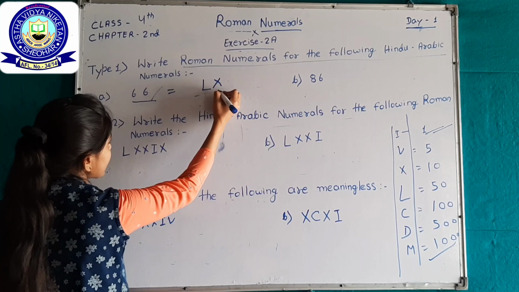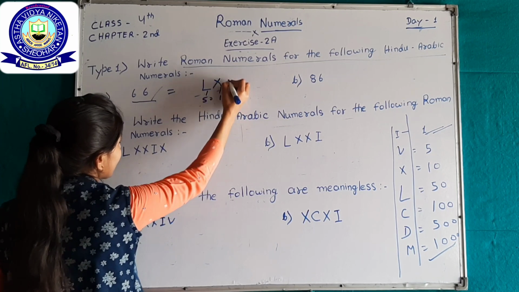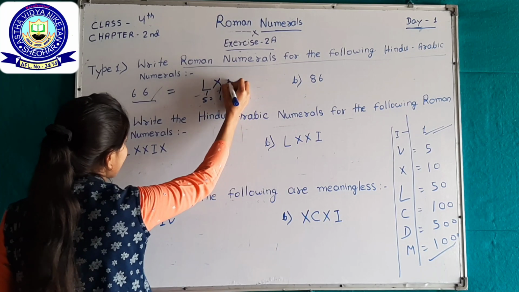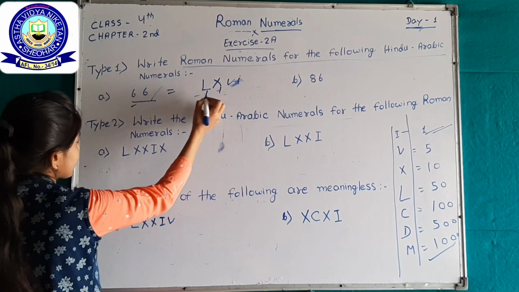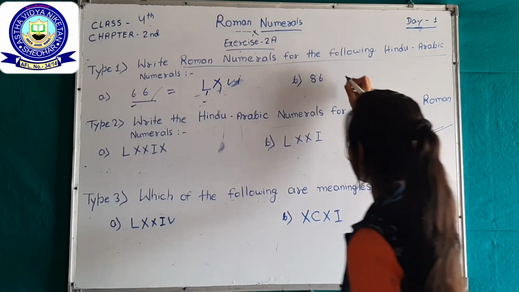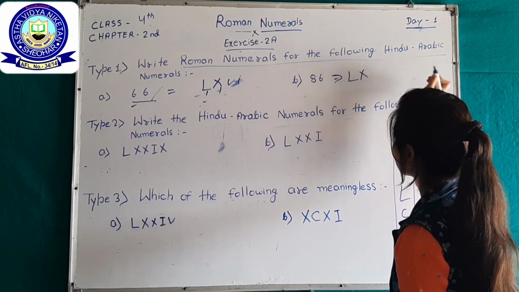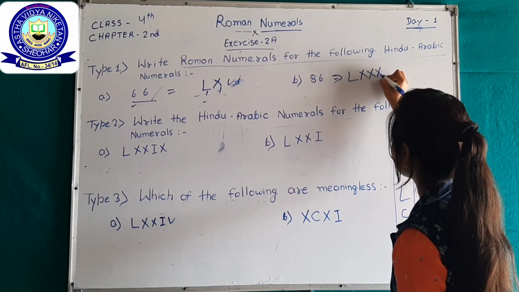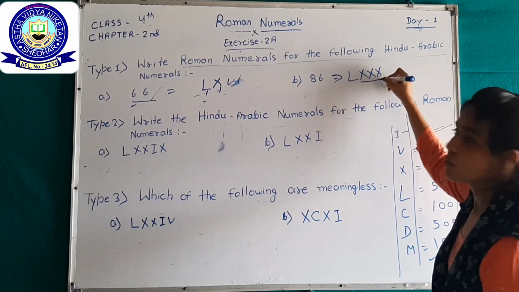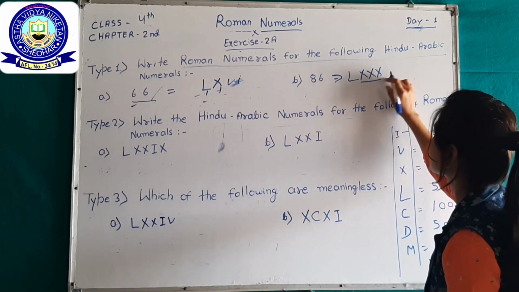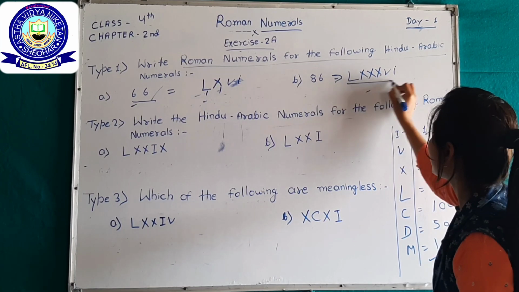L means 50, X means 10, so 60 is LX. And 66 is LXVI. Here is 86. L means 50, X means 10, and this X means 10, so it will be 80. We can't write one symbol more than 3 times. This means 80 and 6, so it will be 86 in Roman numerals.